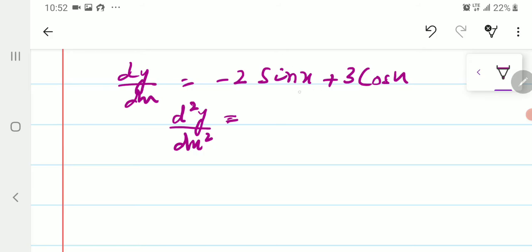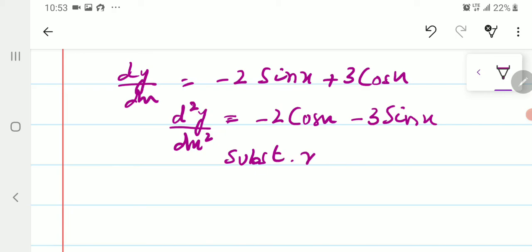When I differentiate minus 2 sin x, it will become minus 2 cos x, and the differential of 3 cos x is minus 3 sin x. Now I need to substitute the value of x in this second derivative.